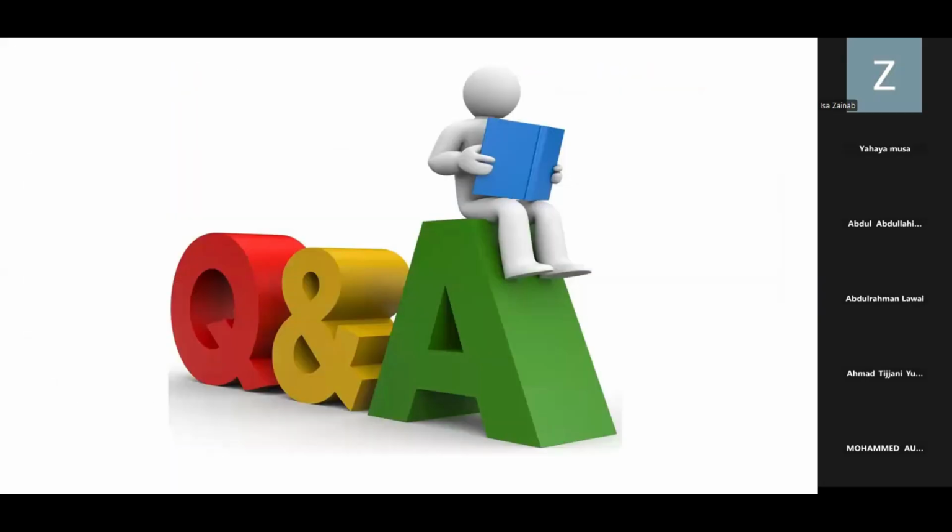So now we can move to the question and answer session, which I was asked by Abdurrahman to elaborate more on the folder archiving. When we talk about archiving, it simply means compressing or packaging one or multiple files or folders into a single document, or into a single smaller document.